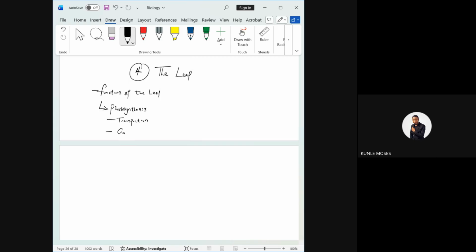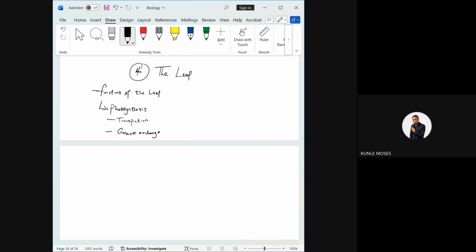And the third one is gaseous exchange. This is the theory. We have the photosynthesis, we have the transpiration, we have the gaseous exchange.